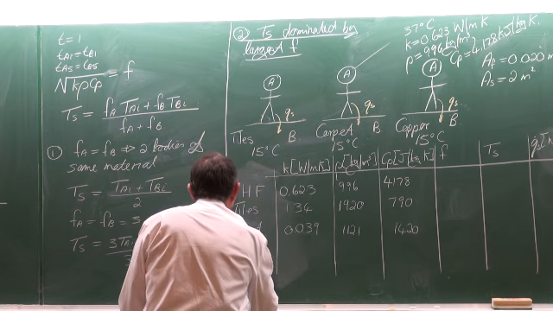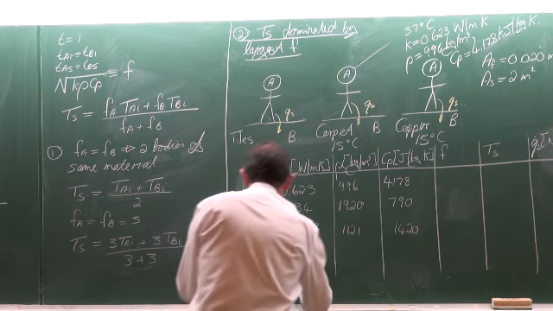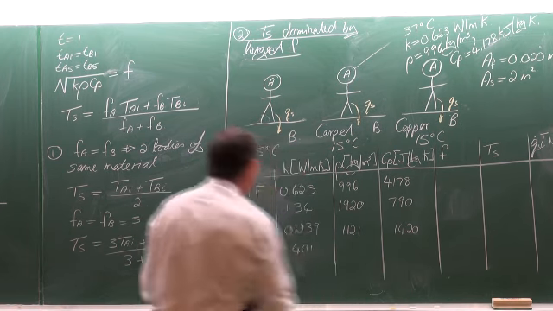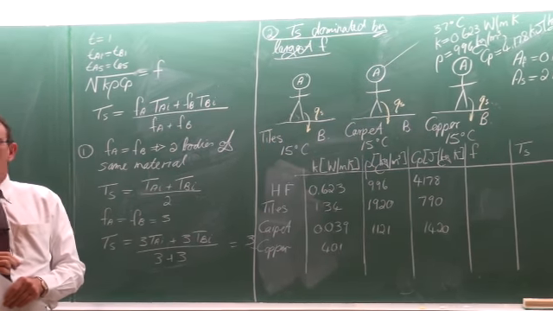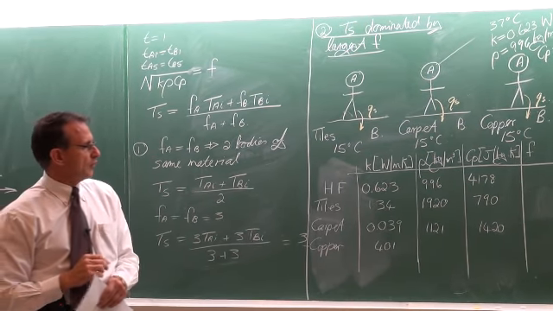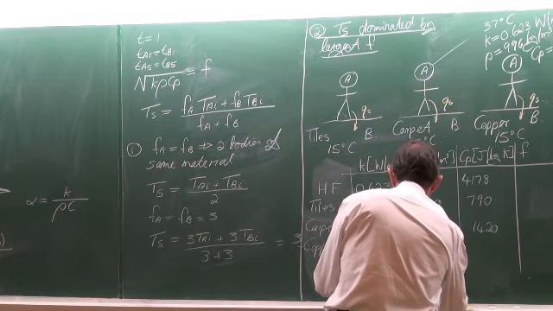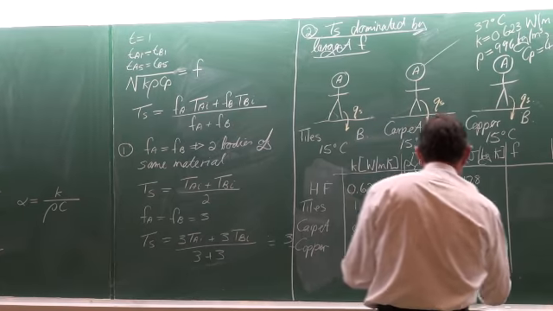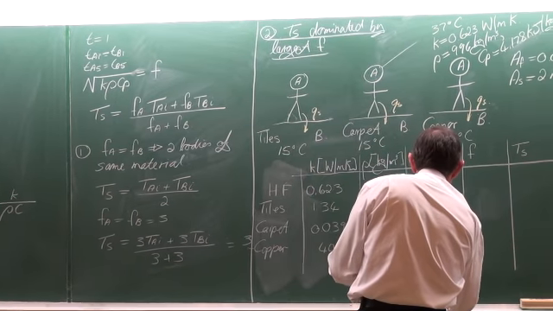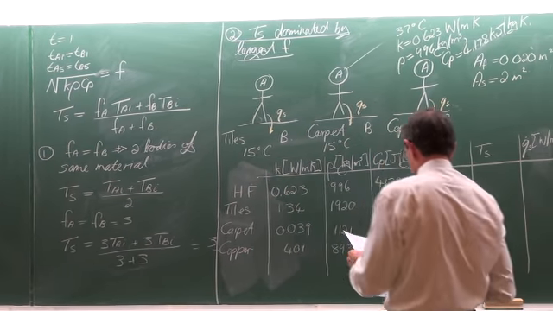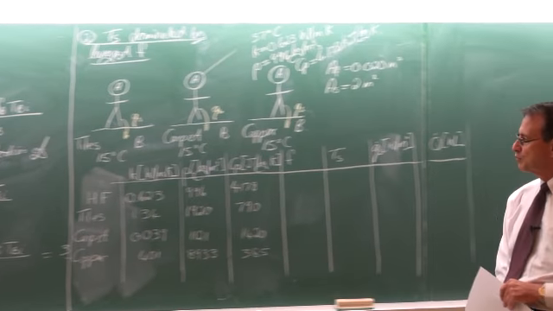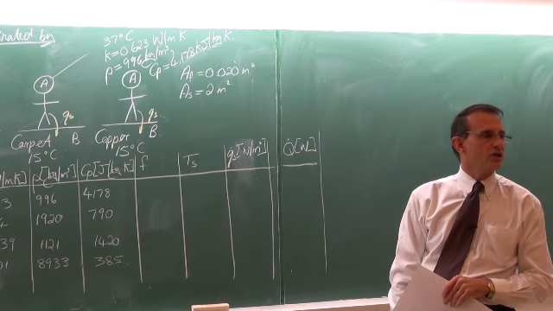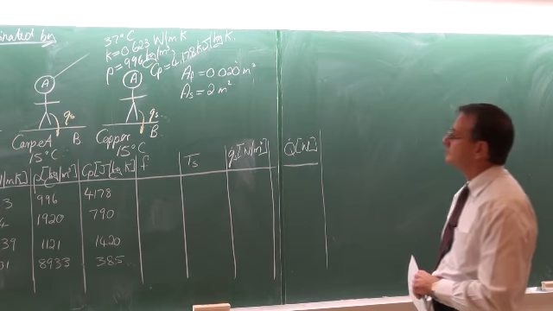And for the copper, it is 401, so it is a very good conductor of heat. The density is 8933. The Cp value is 385. And those are the properties for the 4 different bodies that we're going to consider.